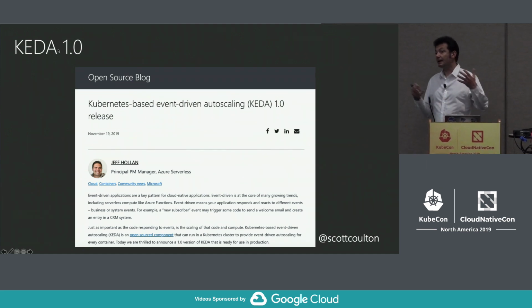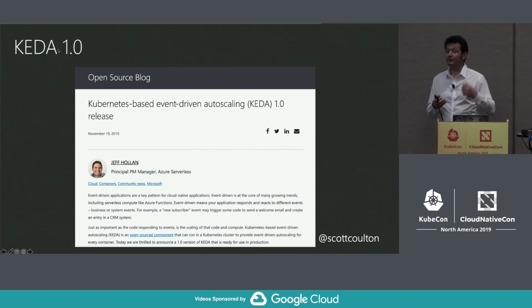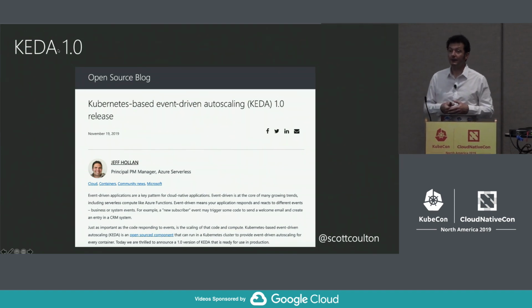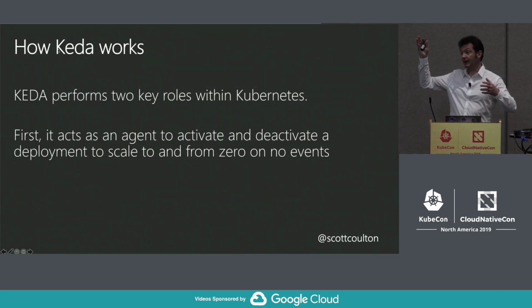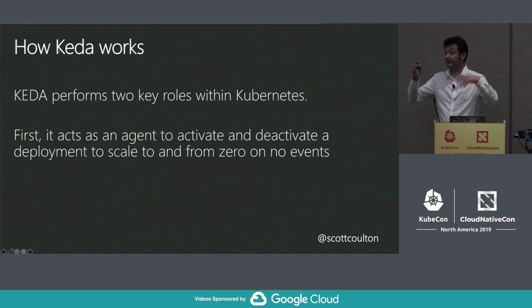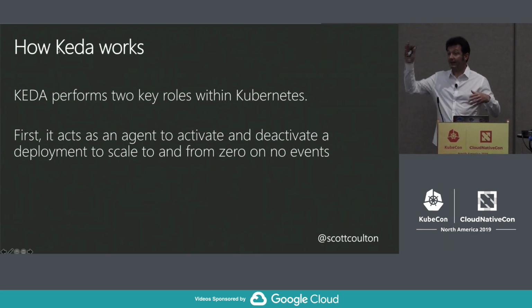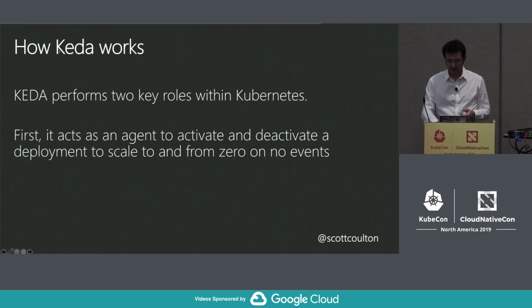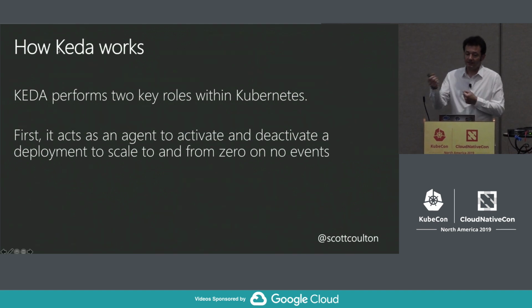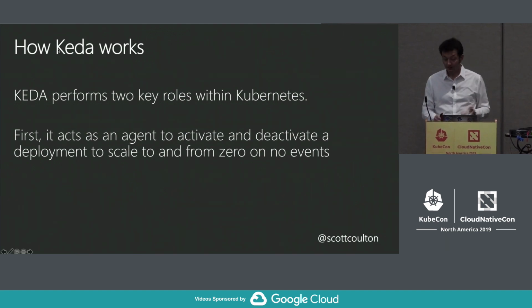So KEDA really allows you to implement these serverless architectures where you have a compute that is triggered by events, and that can scale up automatically based on the number of events in the queue, or scale down to 0, which is very good from a cost perspective. So KEDA is the component that is activating and deactivating your deployment based on what's in that queue.